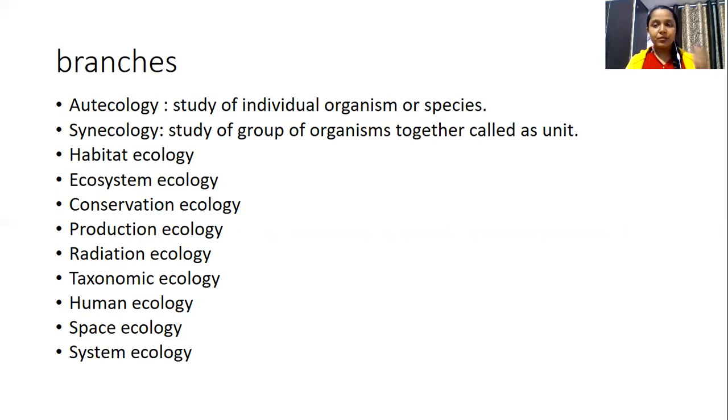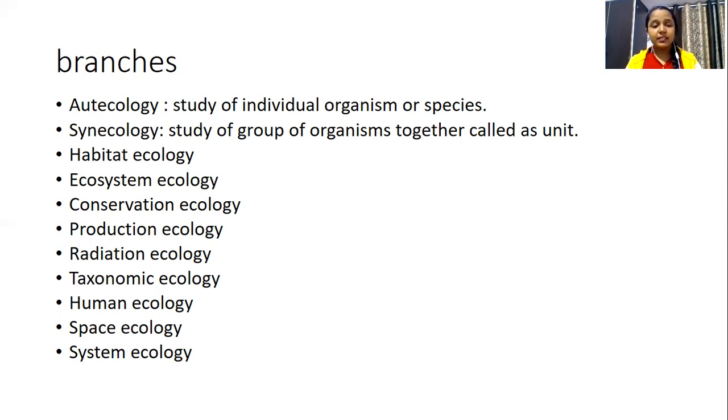Space ecology: the Big Bang theory explains that all these planets are from the same source. There was a Big Bang where all the planets got separated from the sun, and the sun sits at the center, and that's how the universe happened. It is not just planet Earth we need to understand, it is space we need to understand to live safely. So we need space ecology.